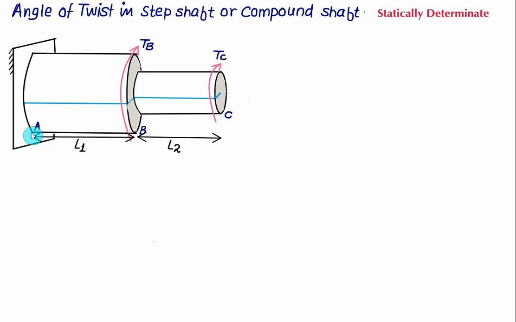At end A we have a fixed support. So at point A the shaft cannot be twisted, so the value of theta A will be equal to 0.